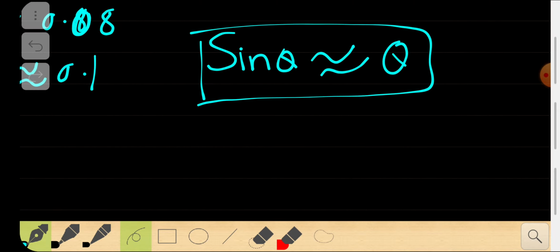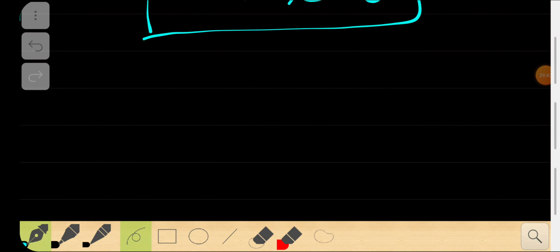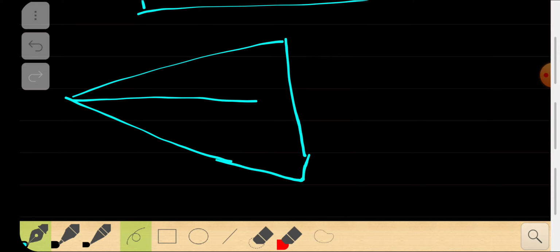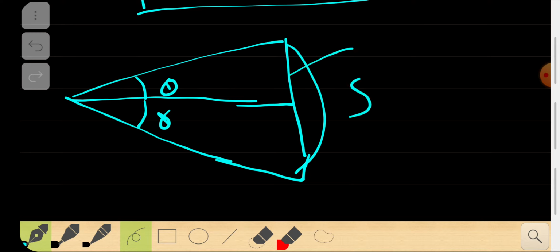So if you want to use it, let's use that. If you have two triangles like we had earlier, each with a small angle theta, then the arc length s and the displacement will be r, delta r if you want.